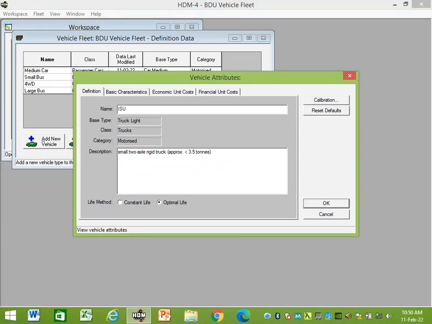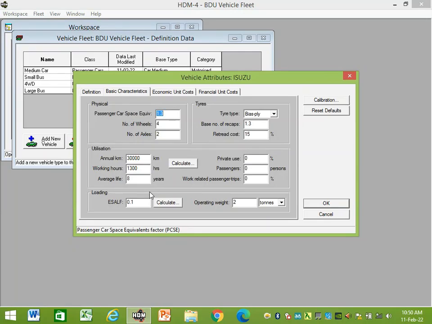Constant life, Isuzu. Basic characteristics: 30,000, it travels more than that, Isuzu, let's take 40,000 times 1,500. Life 12 years.